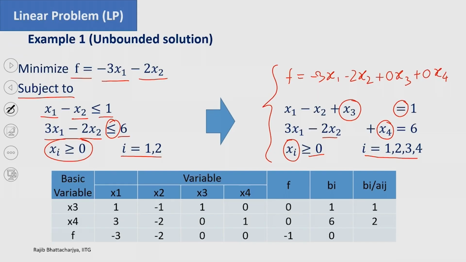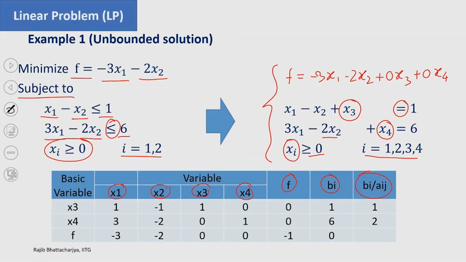So, if I put this problem in this particular table, I can call it a simplex table. Here we have the variables x1, x2, x3 and x4, so we have a total of 4 variables, then the objective function, and that is bi, and I will calculate the bi by aij.